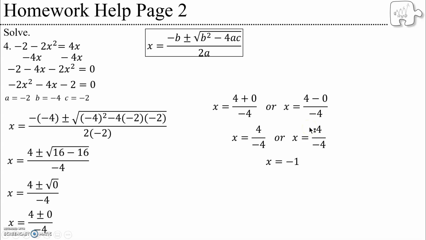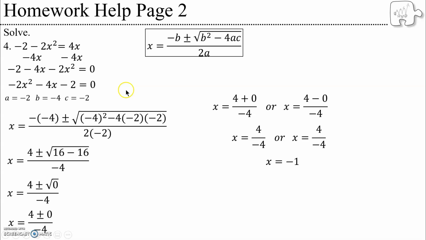We'll see here that most of the time we have two answers, but if we get a 0 inside the square root, we only have one answer. And we'll see in tomorrow's class that if we have a negative inside the square root, we have no solution, because you can't find the square root of a negative number.